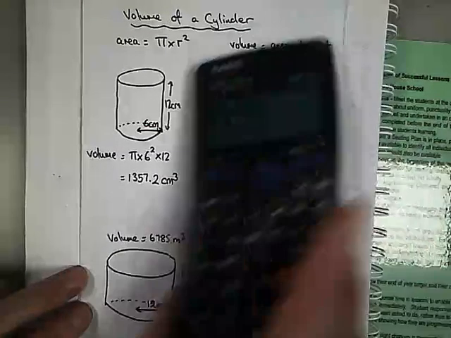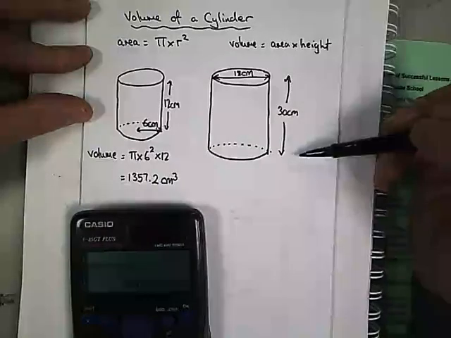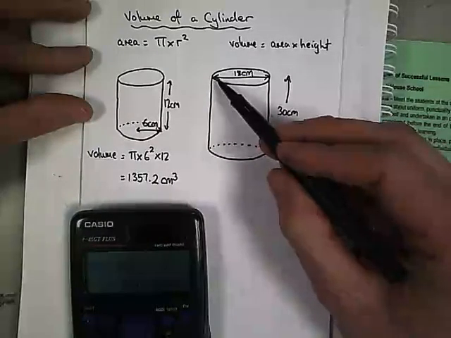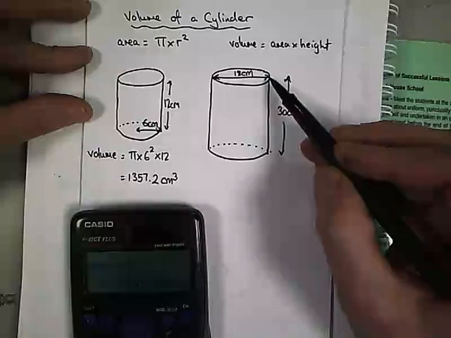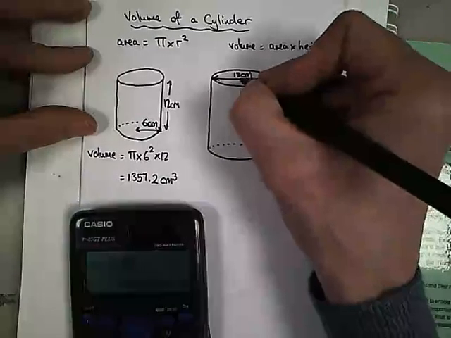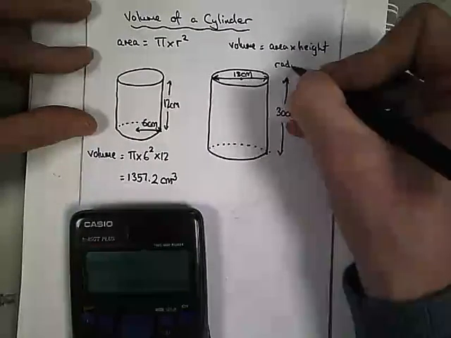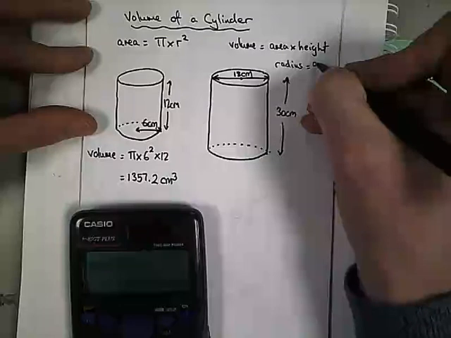So let's have a look at the second question. They've given me the height of the cylinder, but this time they've given me the diameter. Okay, the diameter, to get to the radius, I need to halve it. So the radius is half of 18. So the radius equals 9 centimetres.